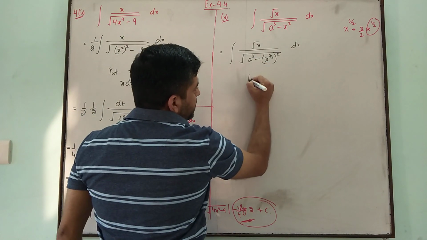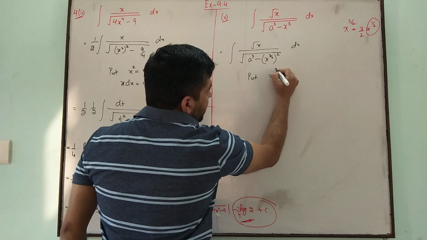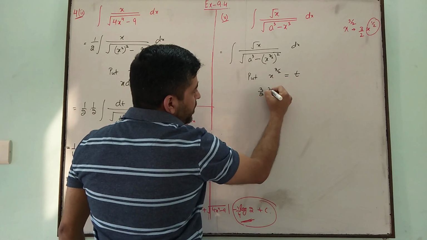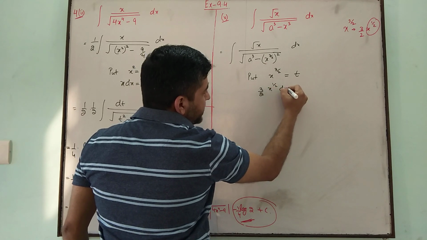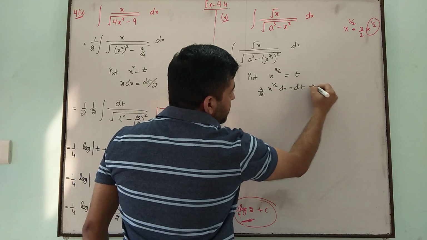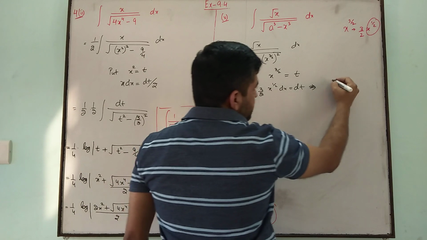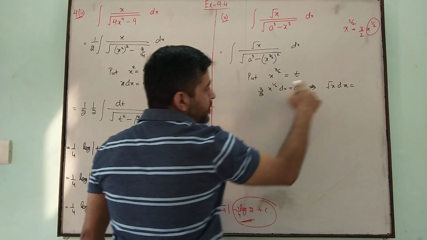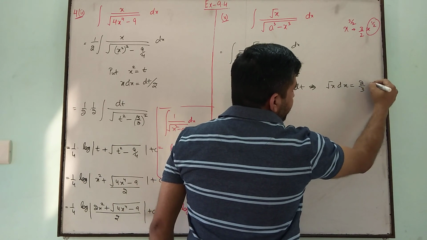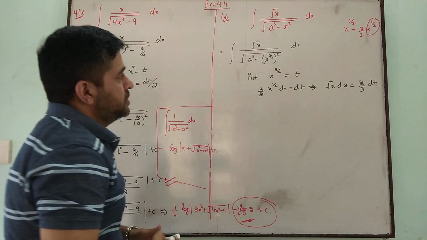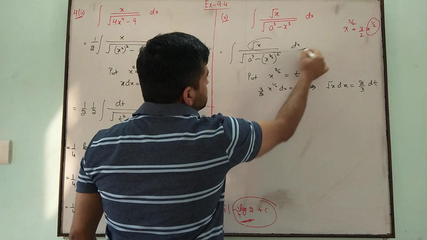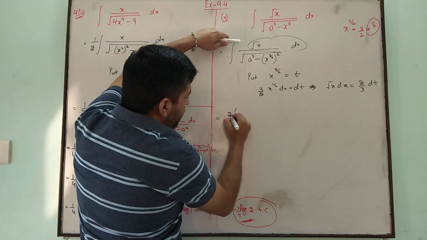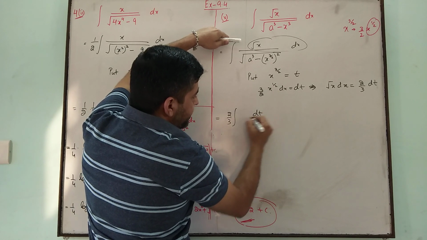So now you can put x to the power 3 by 2 is equal to t, so that 3 by 2 x 1 by 2 dx is equal to dt, which gives you root x dx is 2 by 3 dt. So now root x dx is 2 upon 3 dt.